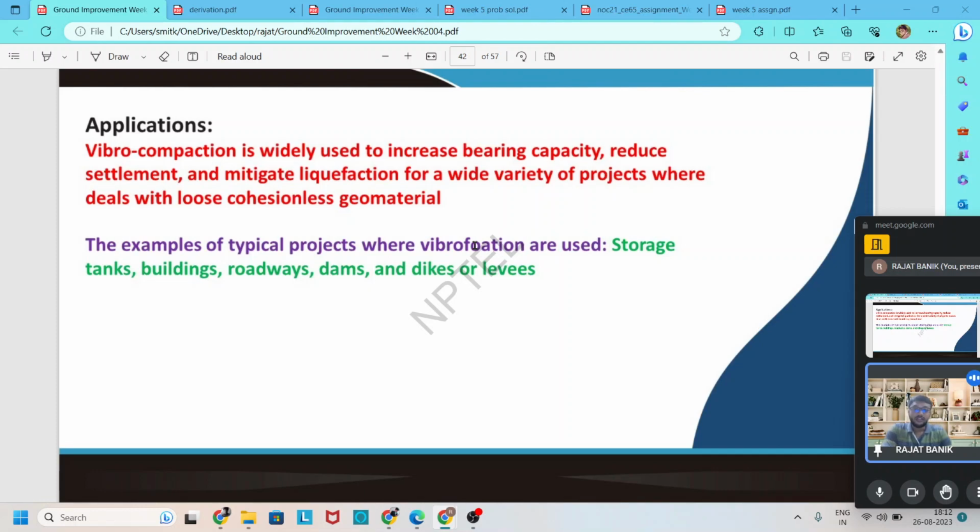It is used mostly to increase the bearing capacity like other methods, and one more advantage of this method is to mitigate liquefaction. It is very important to mitigate liquefaction because it is vulnerable and dangerous to the structure.